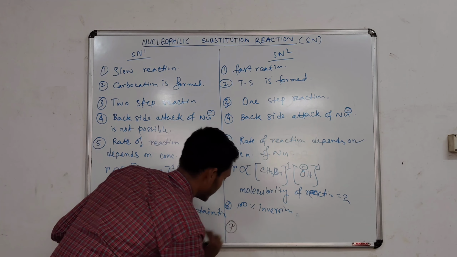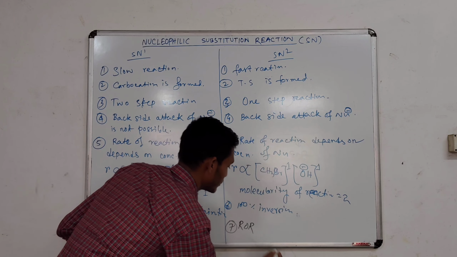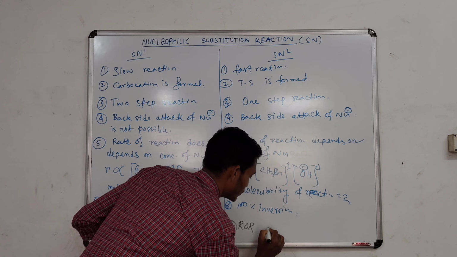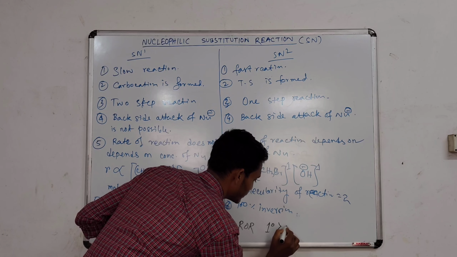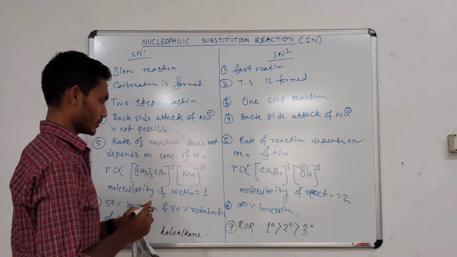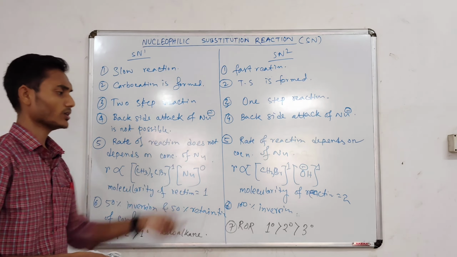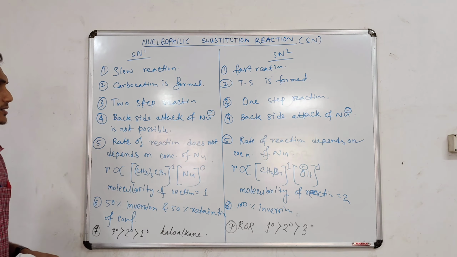And in SN2, the rate of reaction is more for 1-degree haloalkane, then 2-degree, then 3-degree. So now write this down or take a screenshot of that.